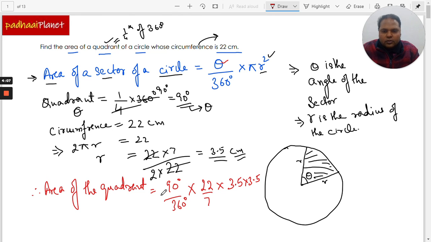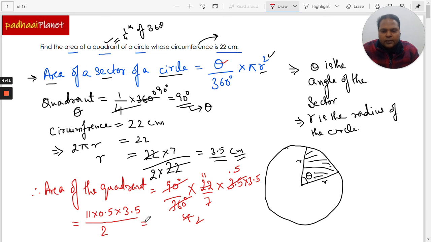So this is 4 times this, and this is 2, this is then 11, and this is 7.5. So what we get finally is 11 multiplied by 0.5 multiplied by 3.5 divided by 2.